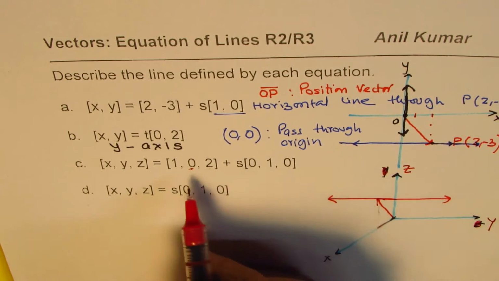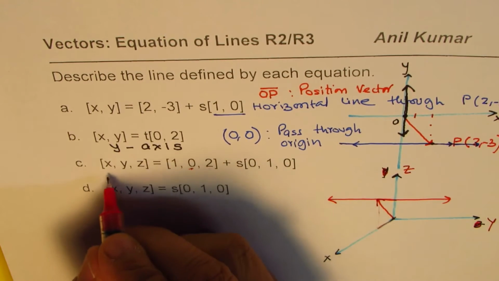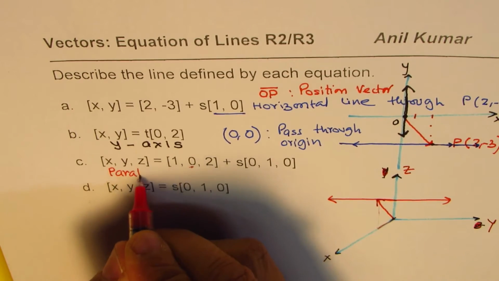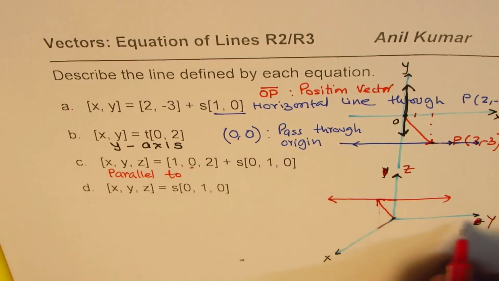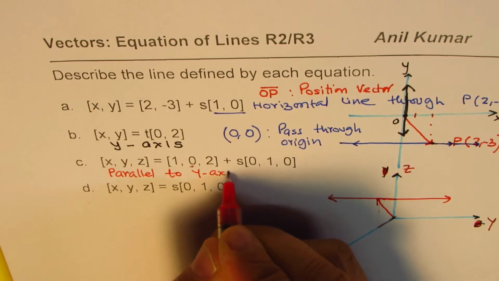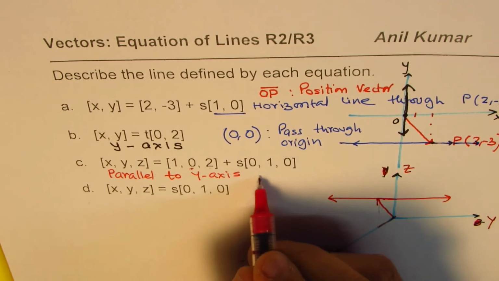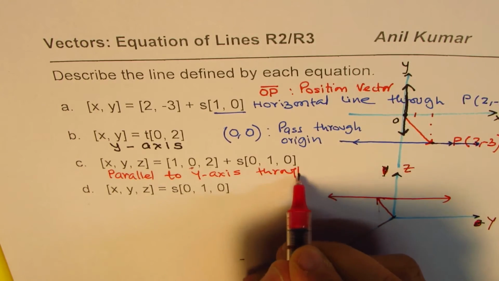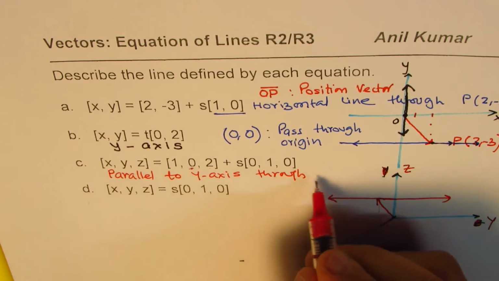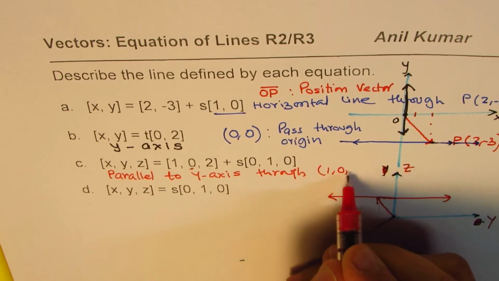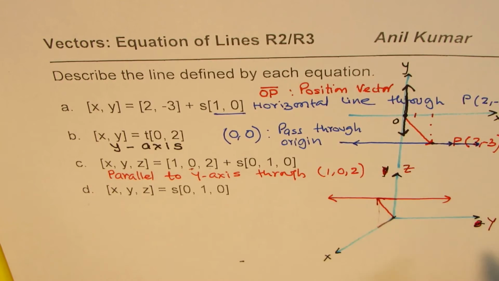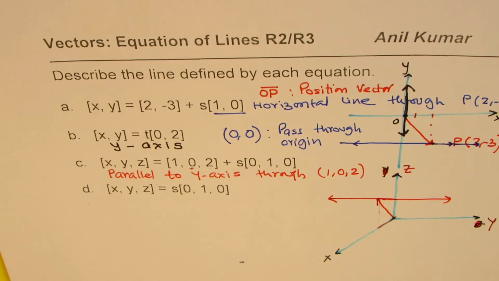This line is parallel to the y-axis through the point (1, 0, 2). That is how we can sketch this kind of line. Does it make sense to you?